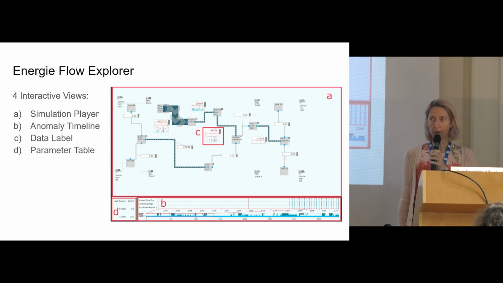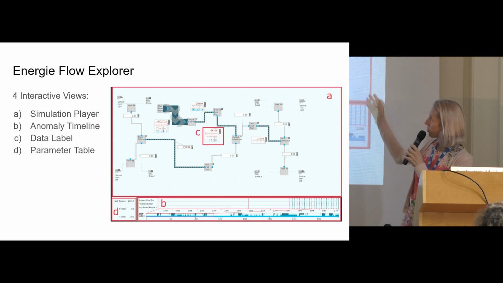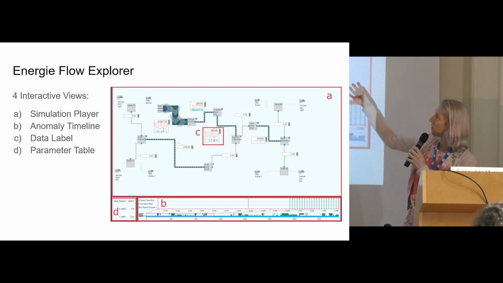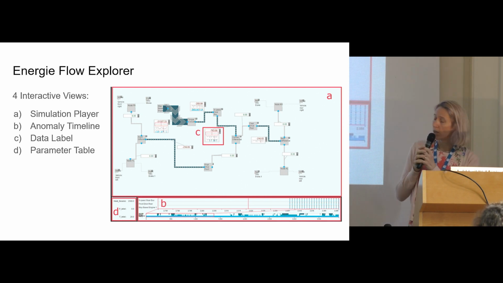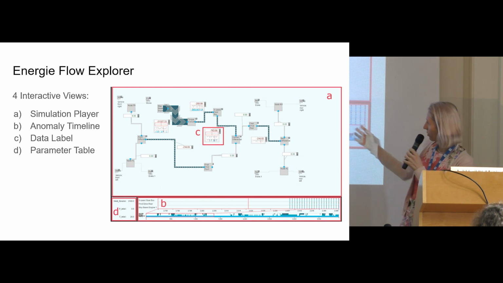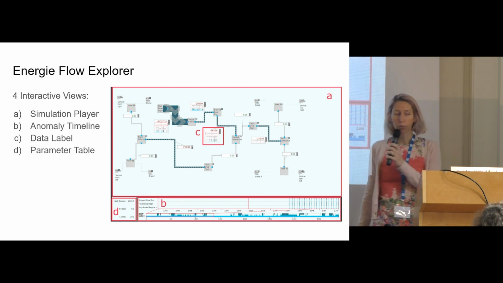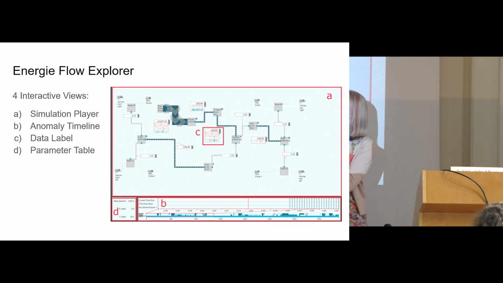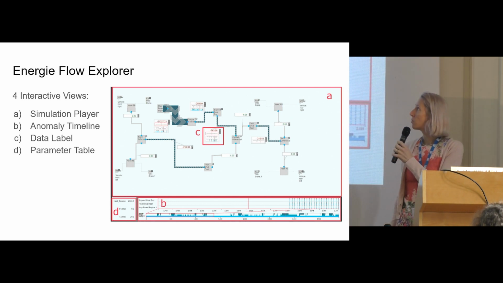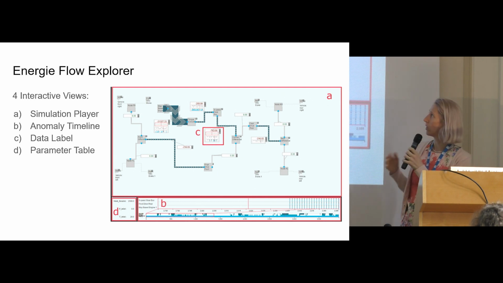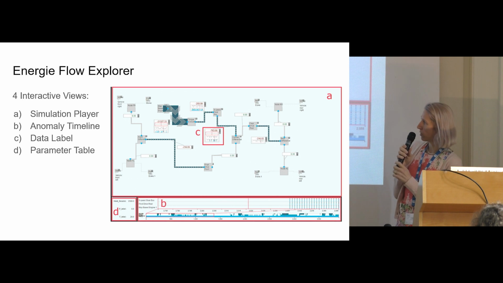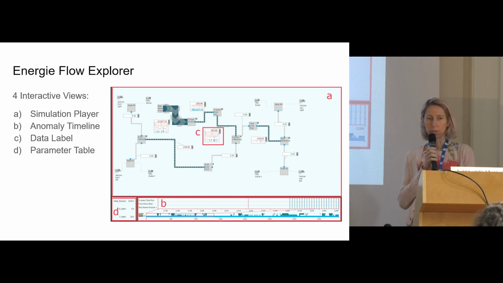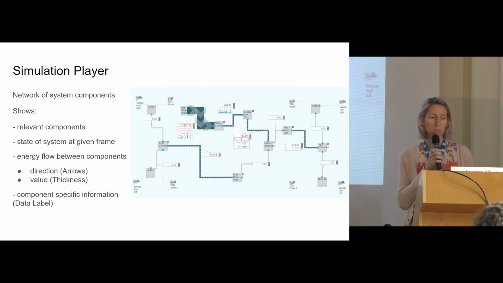We have 4 main views: the simulation player, the big one in the middle; the anomaly timeline here on the bottom; and then the data labels, like you see here these small cartlets associated to each active flow which has data. And finally, the parameter table, which gives global information on the global parameter set for this simulation.